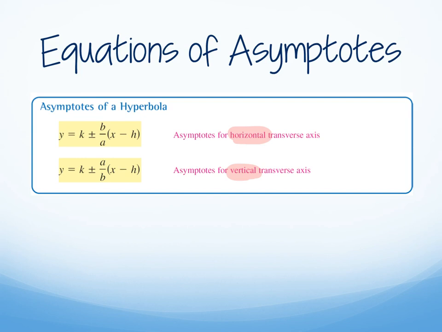So it is y equals k plus and minus a over b times (x minus h). And these are lines, obviously. So you can either find the equation of the line and graph it using your slope and your y-intercept, or you can make the little box we just talked about. Both give you the same result.